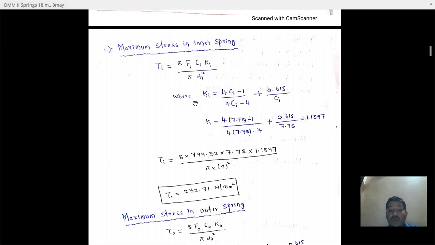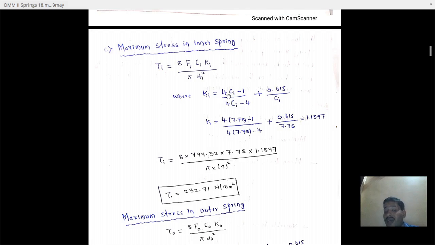So in this case, we need to find out the value of the Wahl factor. Ki indicates the Wahl factor. Ki is equal to 4 into the spring index at the inner of the spring minus 1 divided by 4 into the spring index of the inner spring minus 4, plus 0.615 divided by the spring index of the inner spring. Here 4 is constant.